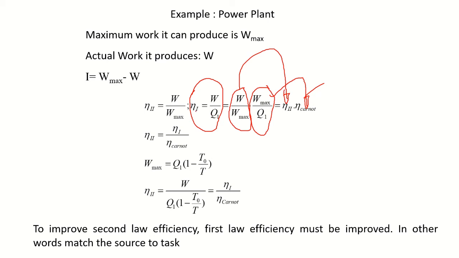Okay, so now first law efficiency you have got. First law efficiency divided by Carnot efficiency becomes the second law efficiency. Suppose first law efficiency is 0.7 and Carnot efficiency is 0.8, second law efficiency is 7 by 8.